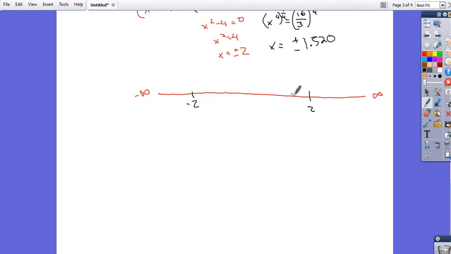Sure, we would all like for it to not take as long. 1.520, negative 1.520. Alright, so we have to test for concavity everywhere here, okay? So we have to do f prime of f double prime of negative 3. Now f double prime of negative 1.6.